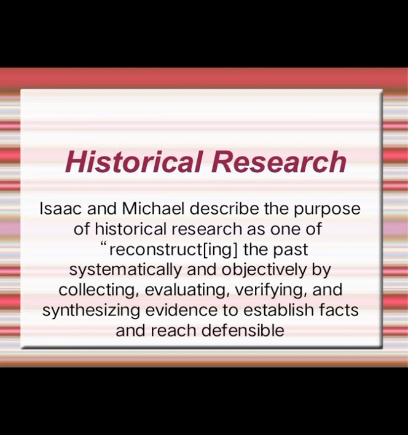Isaac and Michael describe the purpose of historical research as one of reconstructing the past systematically and objectively by collecting, evaluating, verifying, and synthesizing evidence to establish facts and reach defensible conclusions.